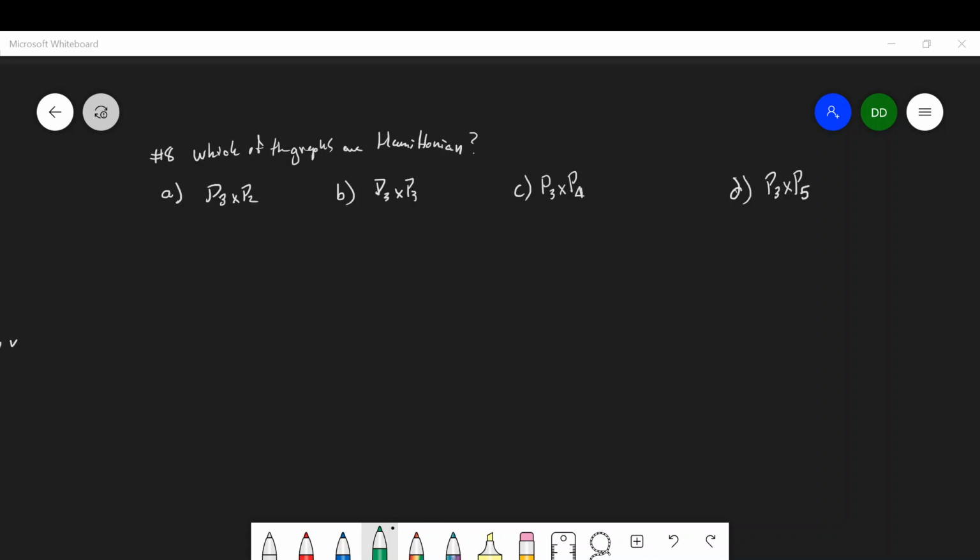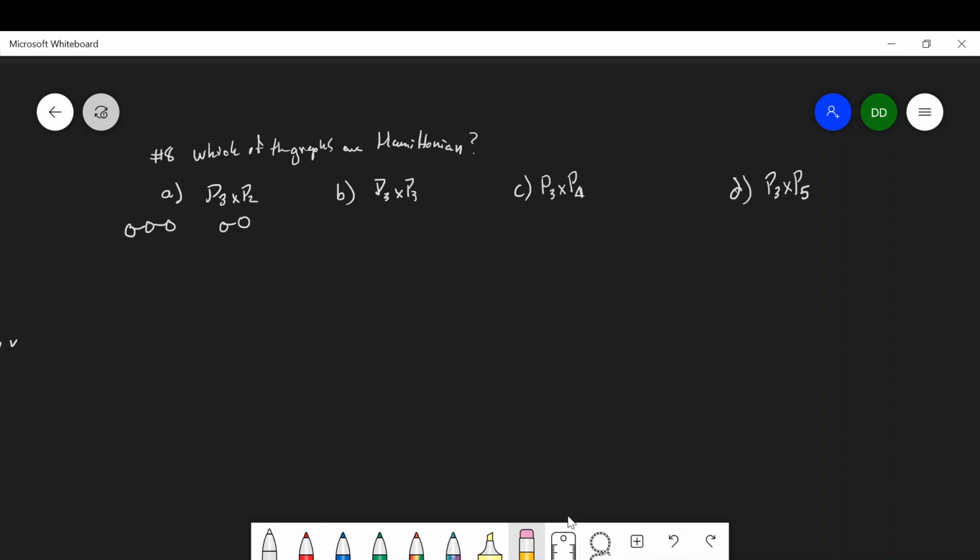So in this problem, we're trying to decide if some of these Cartesian products of graphs are Hamiltonian or not. So this might also help you just compute Cartesian products of graphs, because the definition is pretty tough to understand. The idea here is, I just have to do it with an example. So I'm going to draw P3 and I'm going to draw P2.